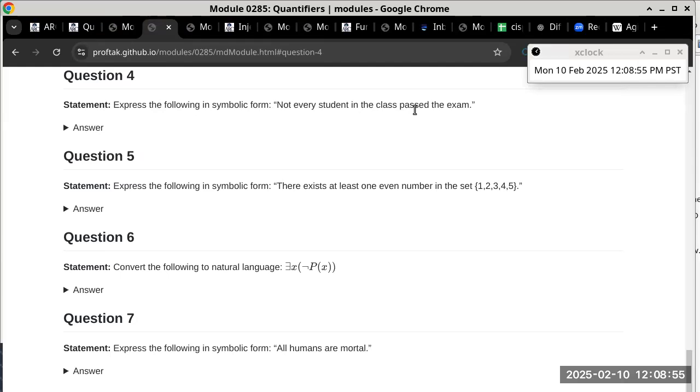Let's say predicate P is whether that person passed the class or not, because you can always use a negation to negate it. Then there's a particular set, let's just say C, the set of people who are in the class. So the way you express that is there exists student S in C such that that person did not pass the class.